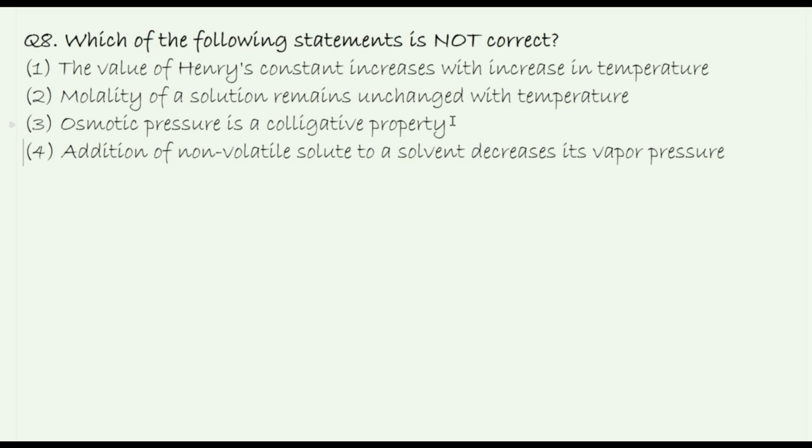Then molality is defined as, what is the molality? Molality is moles of solute per kilogram of solvent. Correct. So since the molality does not depend on the volume or the temperature, absolutely molality will not change as the temperature changes. So they have given us unchanged, that is an incorrect statement. What about osmotic pressure is a colligative property?